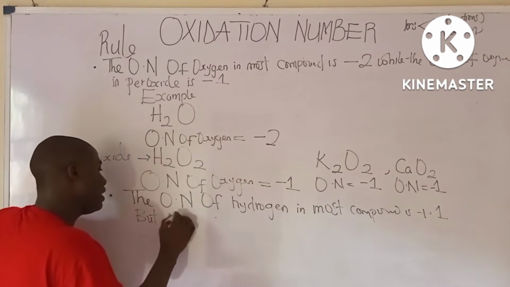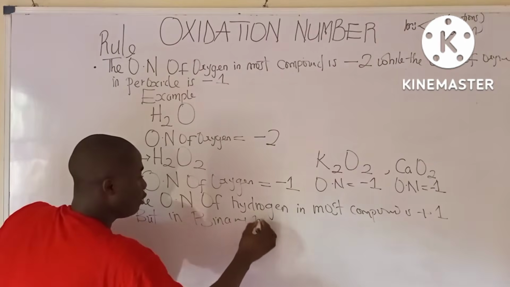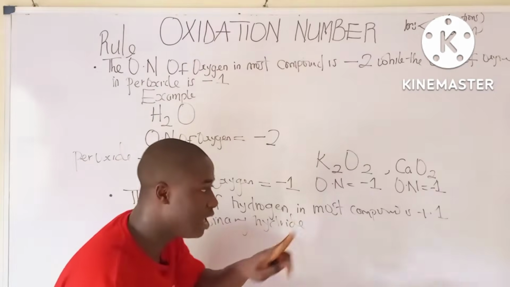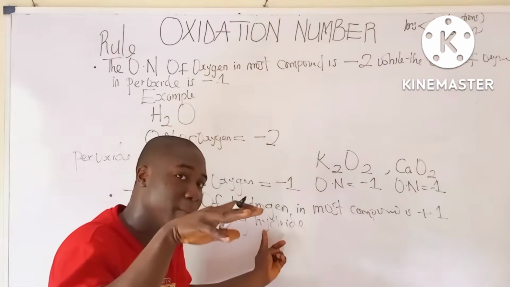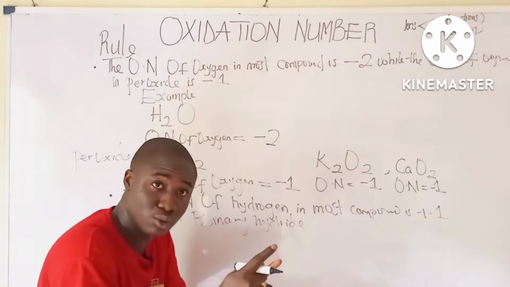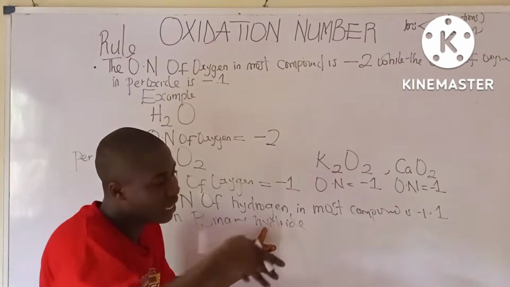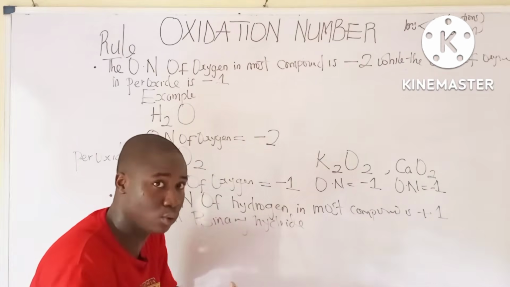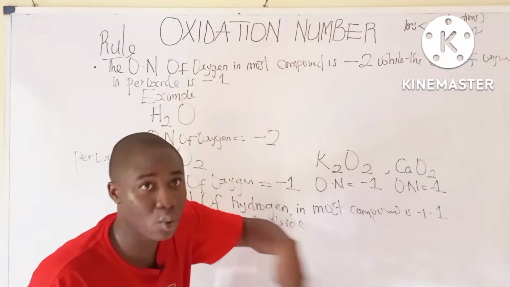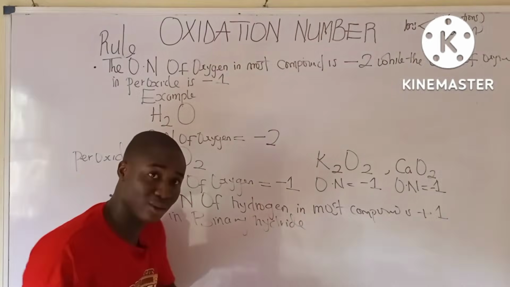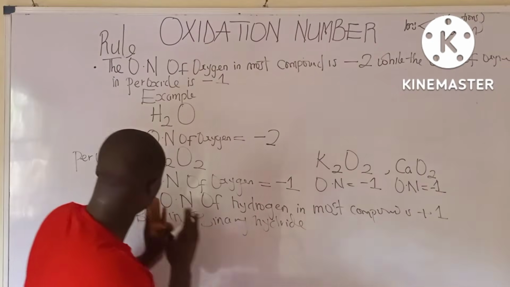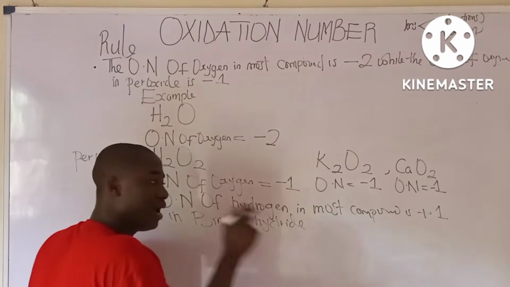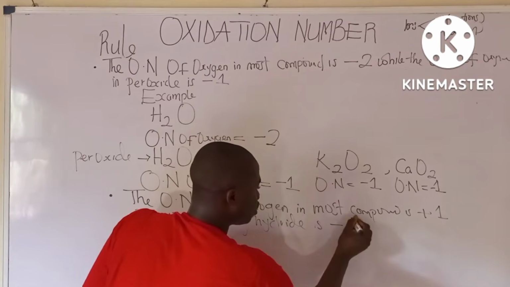But in binary hydrides, which are compounds containing just 2 elements, hydrogen is the more abundant element. A hydride is a compound containing hydrogen and another element, be it a metal or a non-metal. When you want to be specific, you call it a covalent hydride or an ionic hydride. That's for another video. So for this particular aspect, the oxidation number of hydrogen in most compounds is +1, but in binary hydrides it is -1.